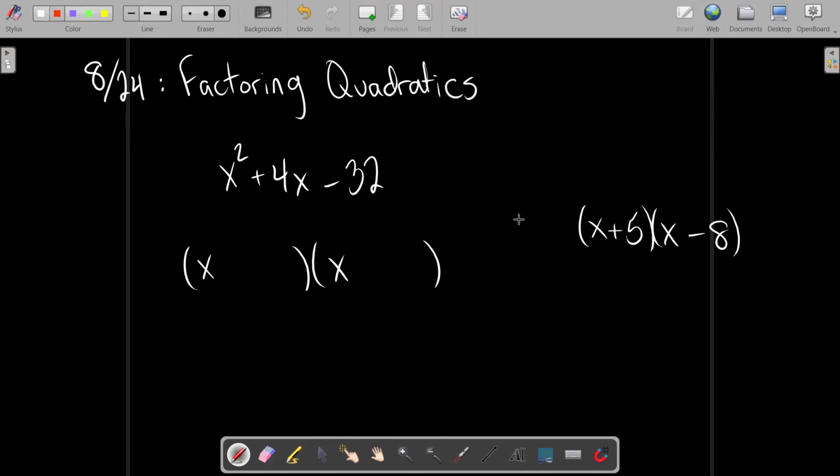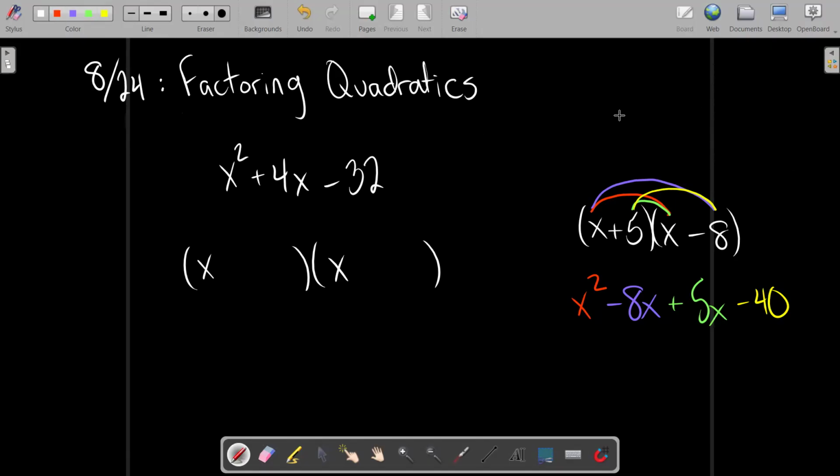It's pretty straightforward. You would take x times x and get x squared. Then x times negative 8 gives negative 8x. Then 5 times x gives plus 5x. Then 5 times negative 8 gives negative 40, right?